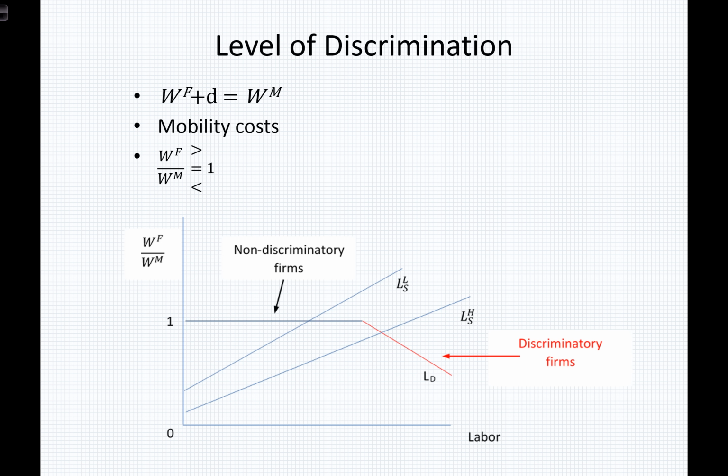First, let's think about this metric that we have brought up already with respect to wages. In this case, I'm looking at the wage of females and the wage of males. And I'm simply using females and males as representatives of different types of discrimination.